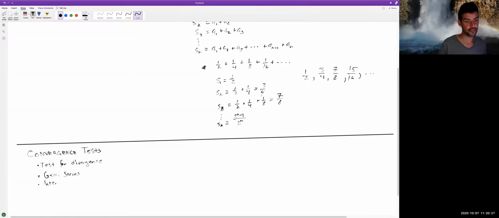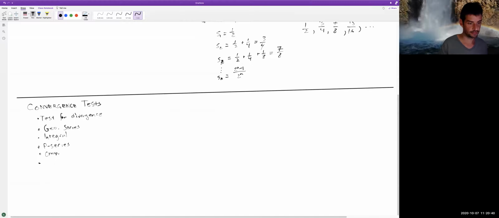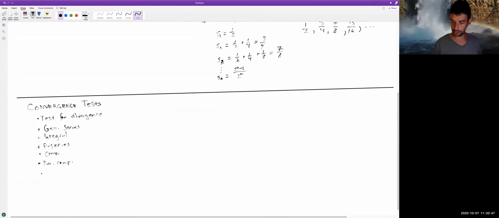We've got the integral test. We've got the p-series test. We've got the comparison test and the limit comparison test. What else? Alternating series, absolute convergence.